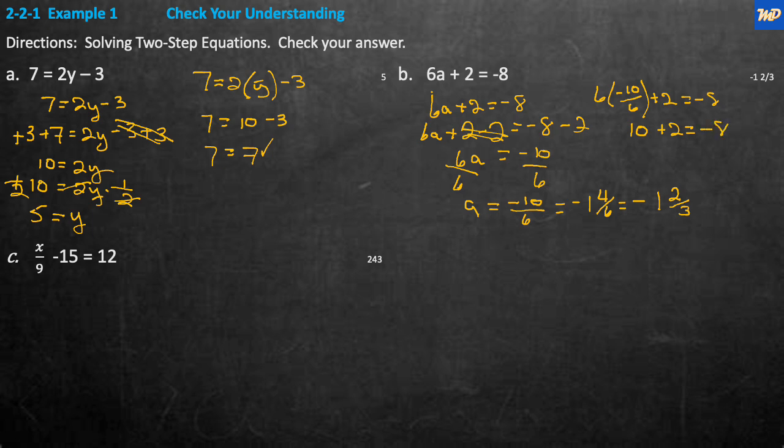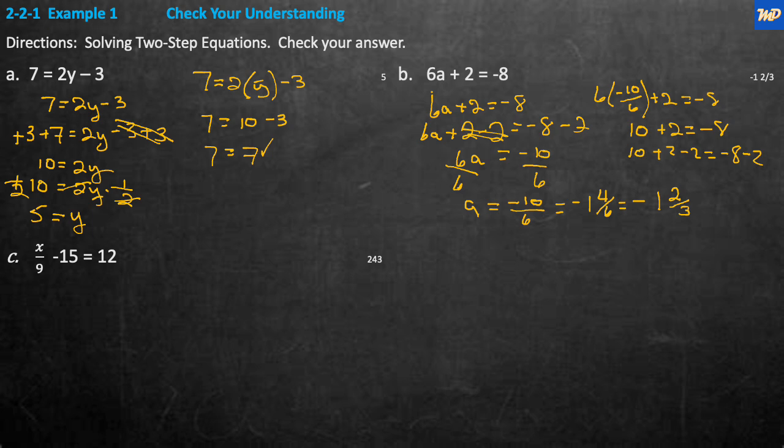So now I have to move the 2 over, and I'm going to get a 10 plus 2 minus 2 equals 8 minus 2. I did something wrong here? Negative 10. Let's figure out what I did wrong.